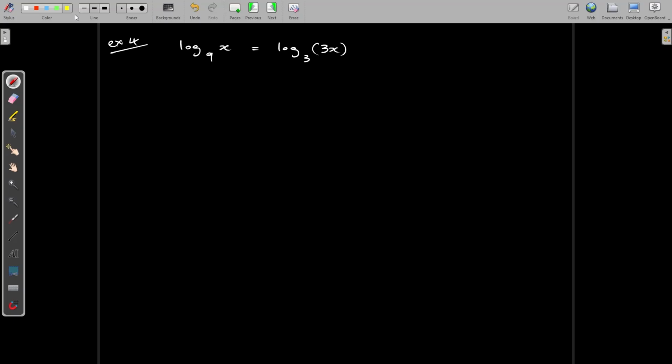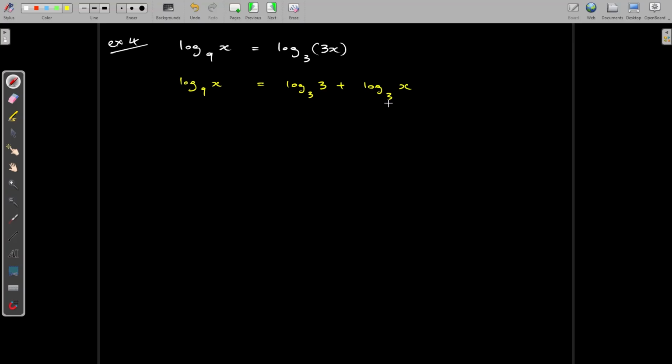What we will do is break apart this 3x using one of those laws. So on the left hand side here, we will have log base 9 of x being equal to log base 3 of 3 plus log base 3 of x. So we broke apart the 3x into its addition counterpart using the law.